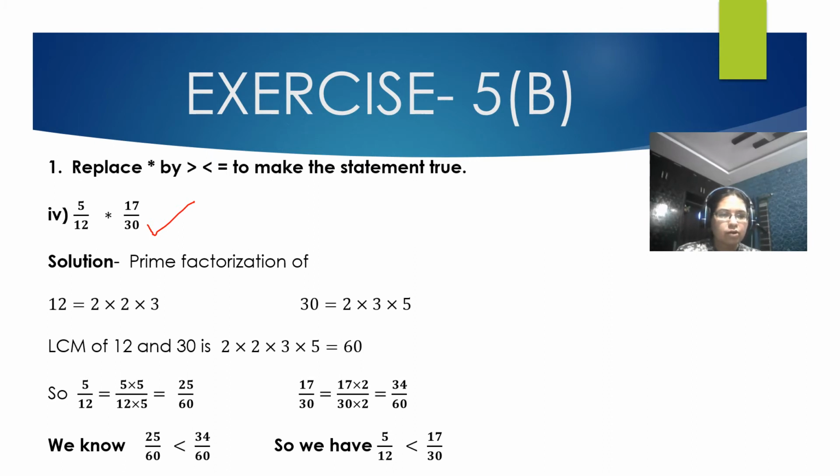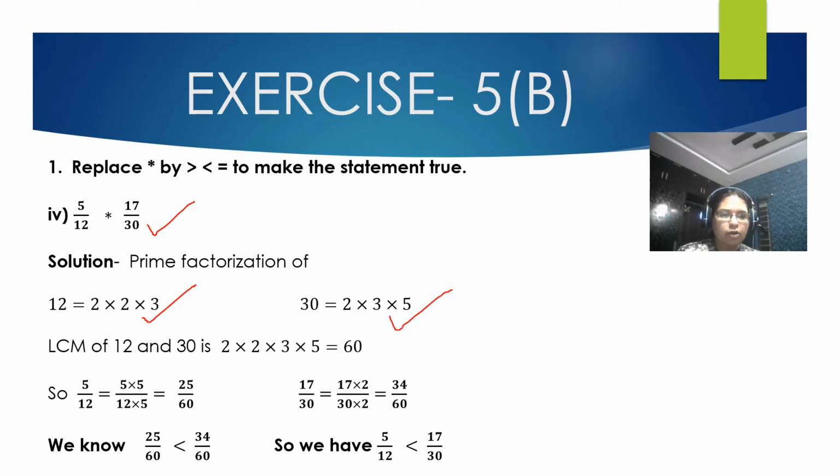First we have to find the prime factorization of 12 and 30. Prime factorization of 12 is 2 multiplied by 2 multiplied by 3. That is 4 multiplied by 3 is 12. And prime factorization of 30 is 2 multiplied by 3 multiplied by 5.